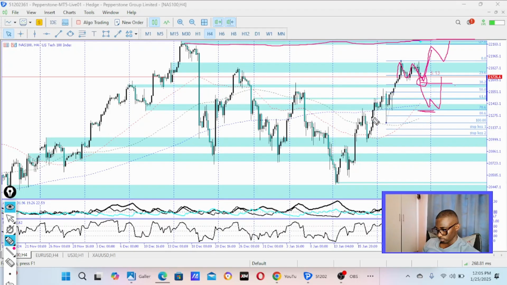Because if you see right here, this is a double bottom and price made another double top, and for price to come and make this double top, this will be the pattern that should be printed. This will be the neckline.